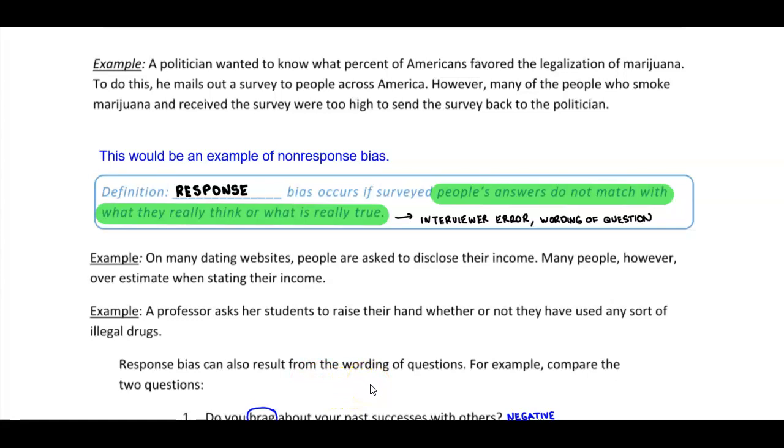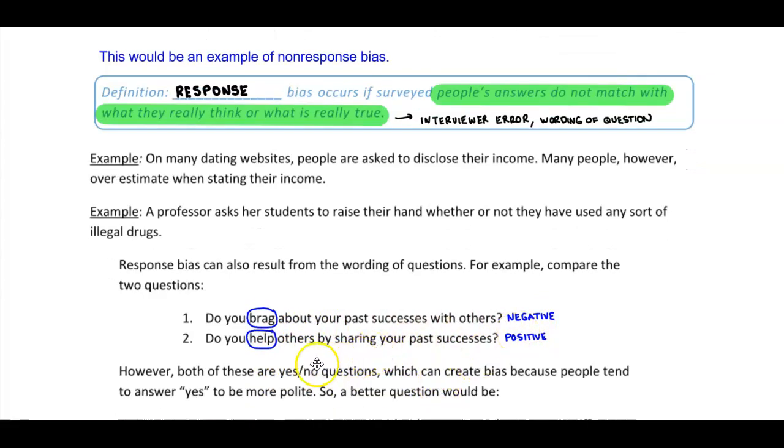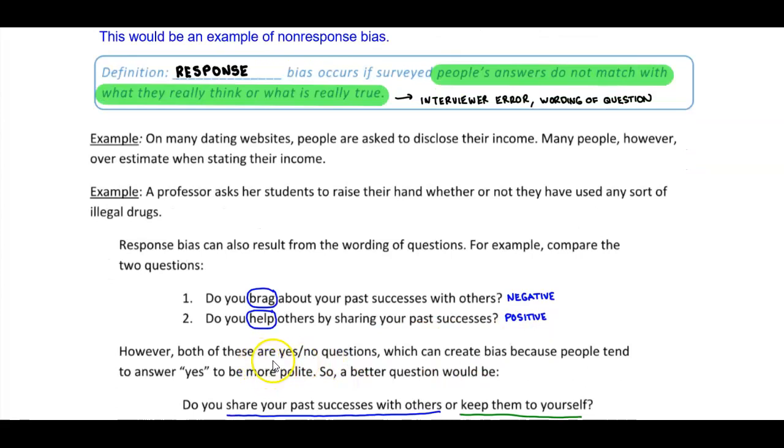So, for example, let's compare these two questions. Number 1, do you brag about your past successes with others? That's a negative. Do you help others by sharing your past successes? That's considered positive. However, both of these are yes-no questions, which can create bias because people tend to answer yes to be more polite.